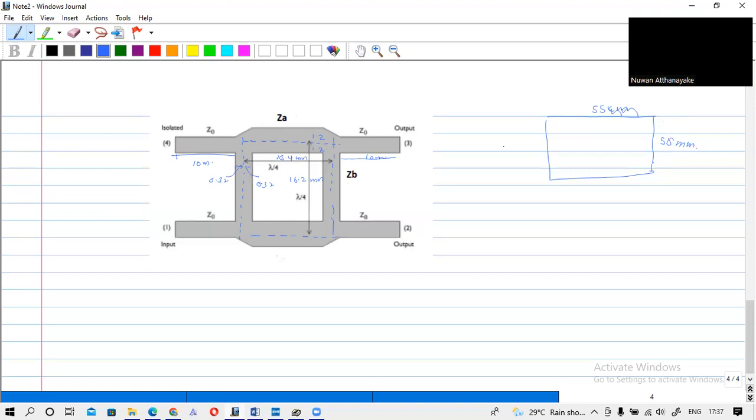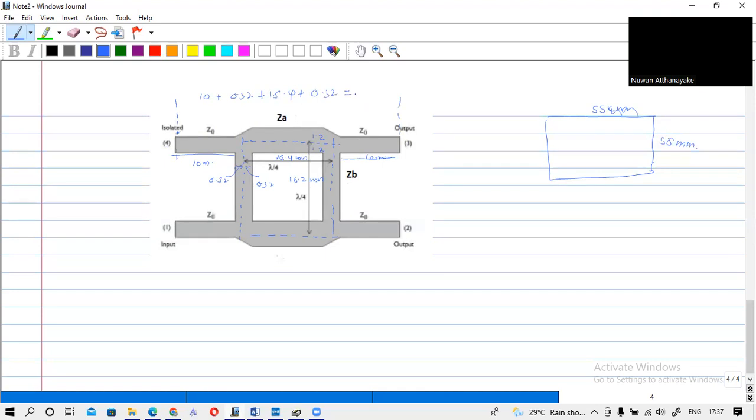So if I calculate the length from here to here, that is 10 millimeter plus 0.32. Then from here to here, it is 15.4 plus again 0.32.